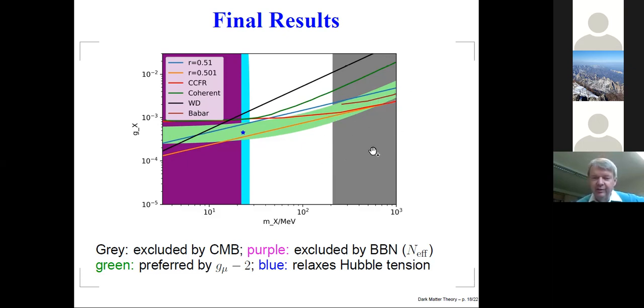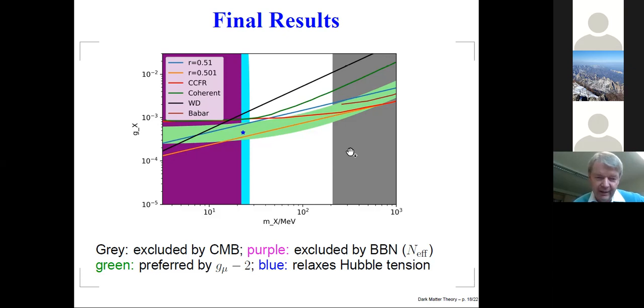Then this gray region is definitely excluded from the CMB constraint, because here the psi particles can also annihilate into muons, and muons do dump a significant amount of energy into the thermal plasma, so that would definitely not be allowed. Remember that the annihilation cross-section to electrons is suppressed by the Zoop factor, but for the muons it is not suppressed.